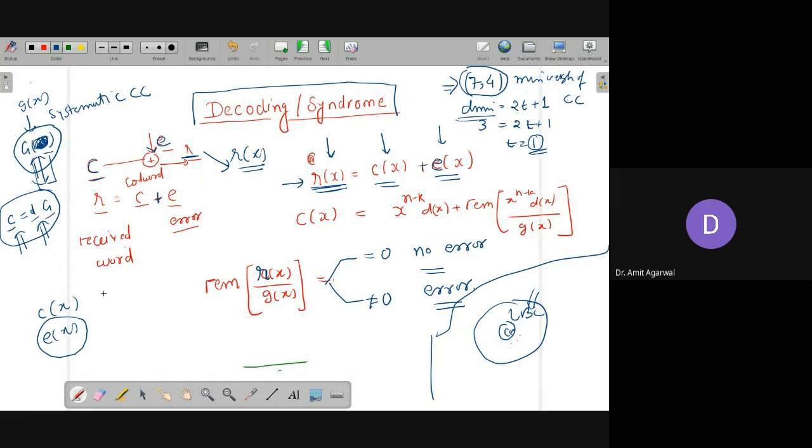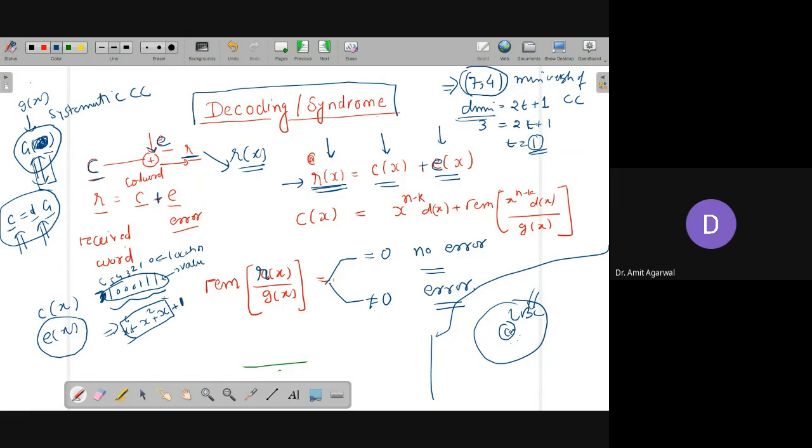If you receive a 7-bit word, 1, 2, 3, 4, 5, 6, 7, how will you make its corresponding polynomial? 1 plus x plus x square plus x to the power 6. This is the corresponding polynomial, right? Because this has location and value. The location is given by x to the power, and the values are given by the coefficients.